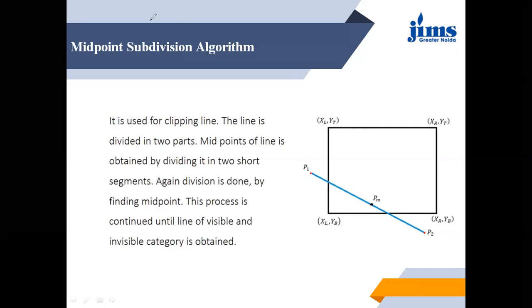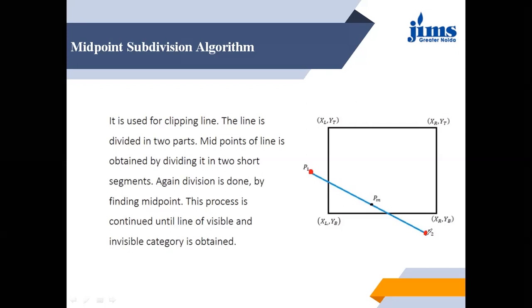Let me try to explain. Suppose this is a line P1 and P2. First we will assign the region codes to these two end points of the line, P1 and P2. Then we will check whether this line is completely visible, invisible or partially visible.